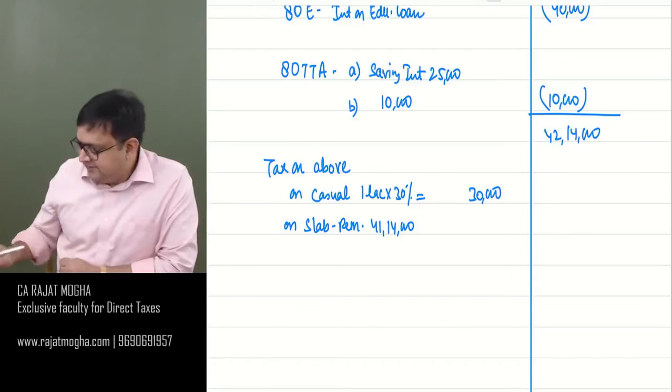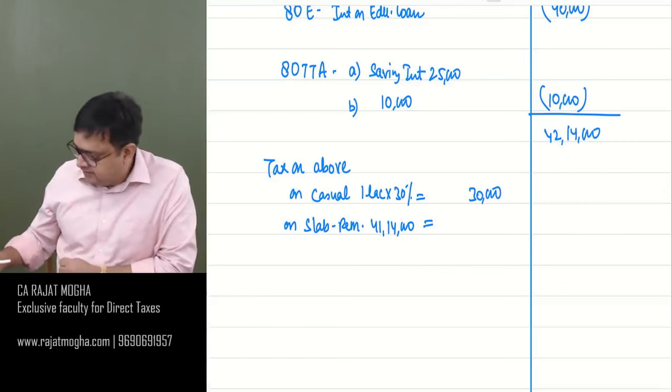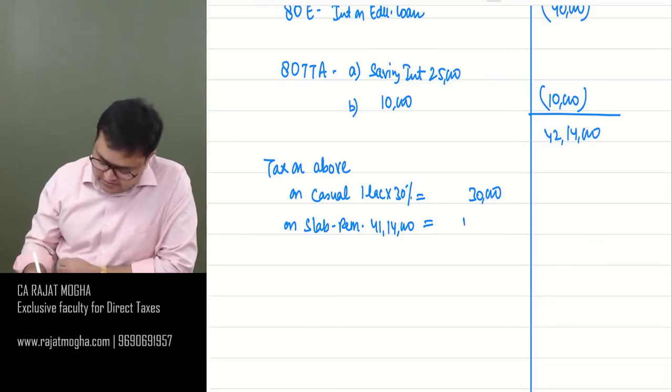We'll apply the slab rates. You can directly do it in calculator or in rough, and you can directly write the amount over here. So I believe it is 10 lakh 46,700.